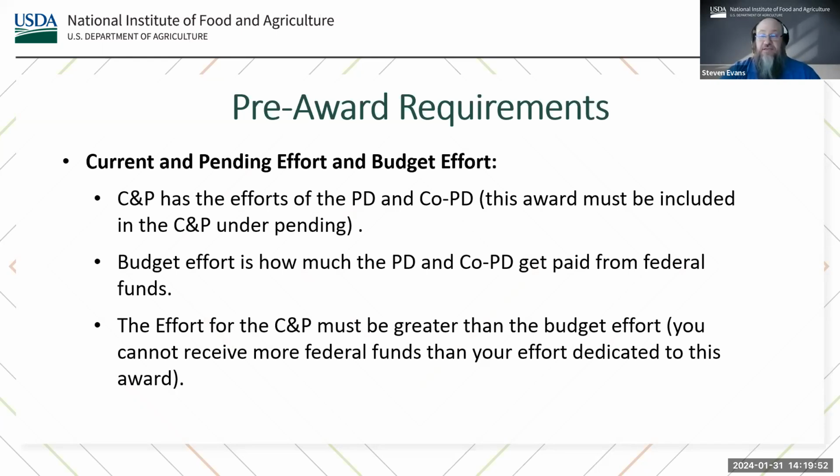There is another area that we look at effort, and that is the budget. On the budget form, there is an effort that you'll be putting in. The difference between the current and pending effort and the budget effort is the current and pending effort must be equal to or greater than your budget effort. We look at these and it's one of the key points that everyone will look at when we process these. Next page, please.